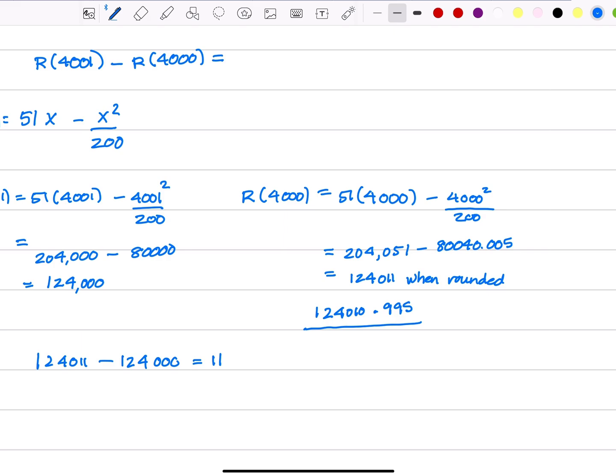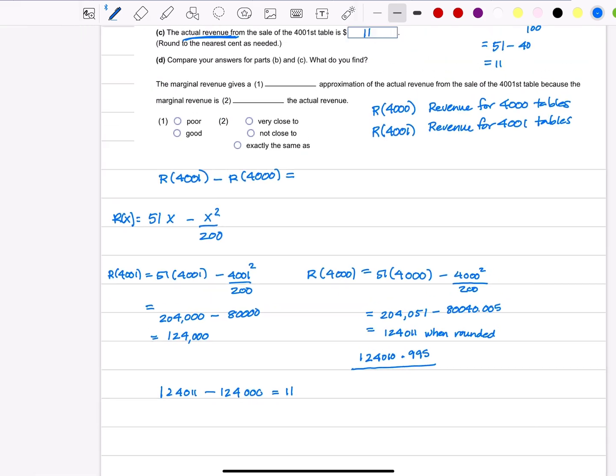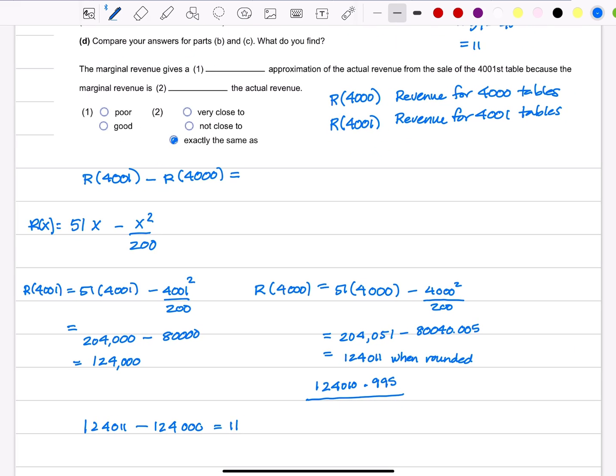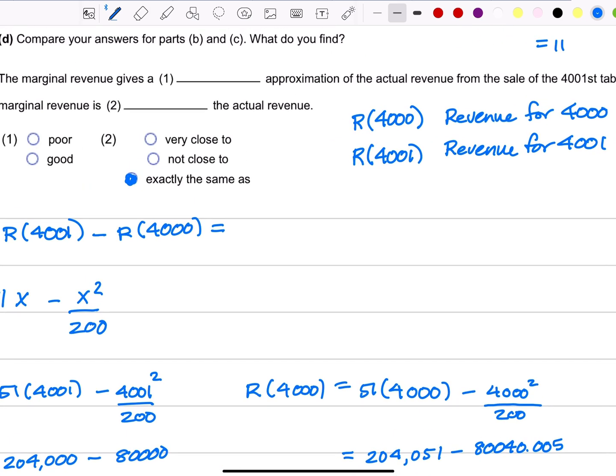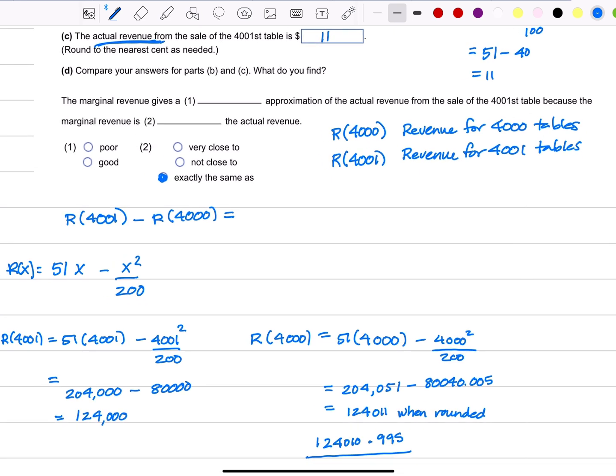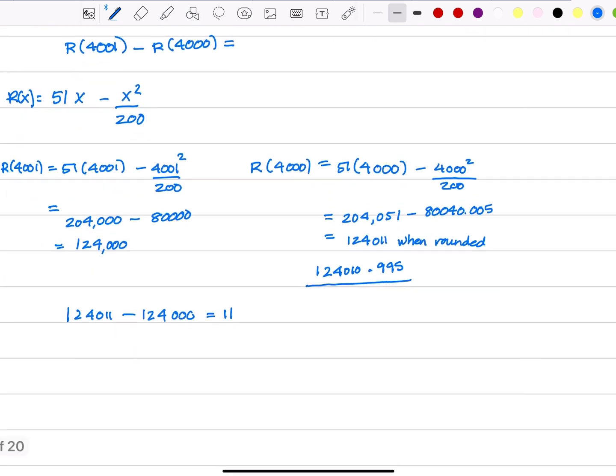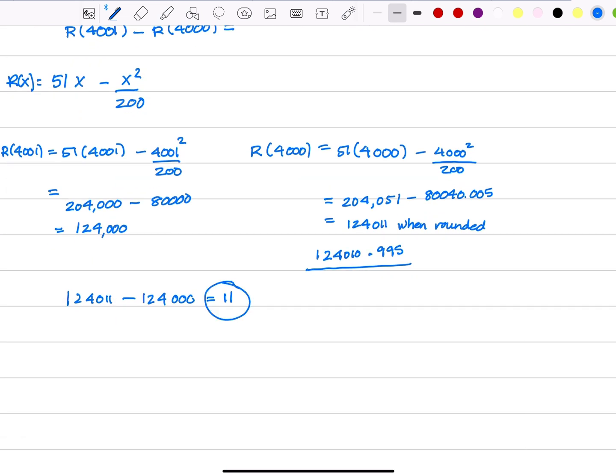It's only exact because of the instructions to round. So, according to my MyMathLab, it's exactly the same, but it's really very, very close, just because of the rounding. So the marginal revenue gives us a very good estimate because it comes out, when rounded, exactly the same as the actual revenue.